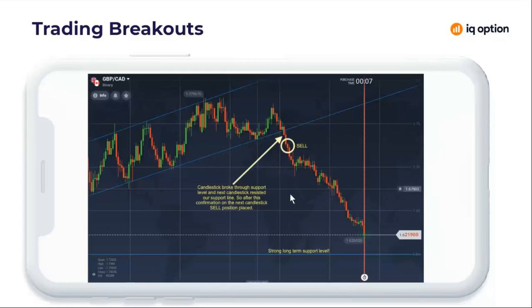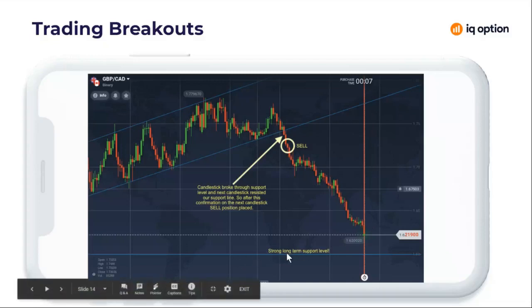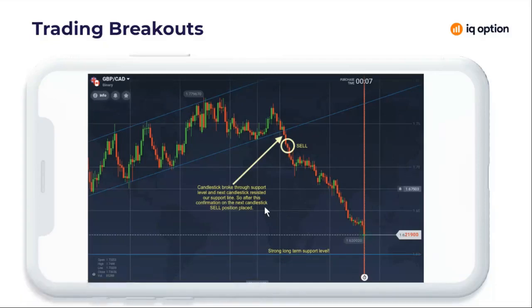So my trade would be a sell position at this candlestick right after the confirmation. I would keep it open until it hit the strong long-term support level. Again, these are just examples. Anything could have happened at this point.